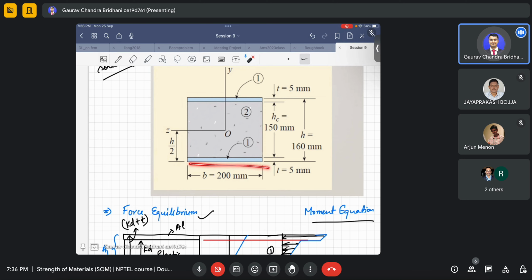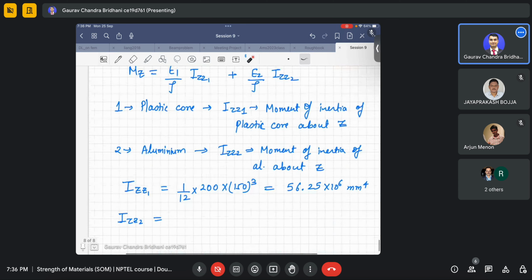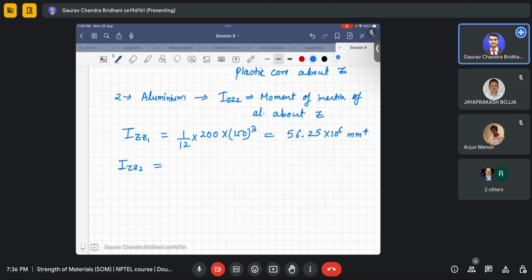Width remains the same, only the depth changes. So the total depth is 160. So it is 1 by 12 into width, which is the same, into 160 cube minus 150 cube. This will be the IZZ for aluminum. Now can you please obtain this?